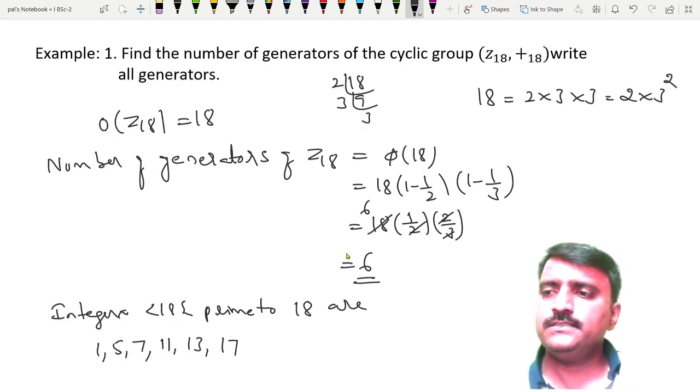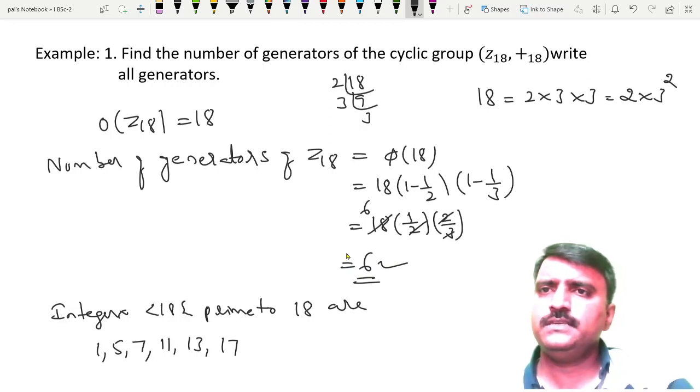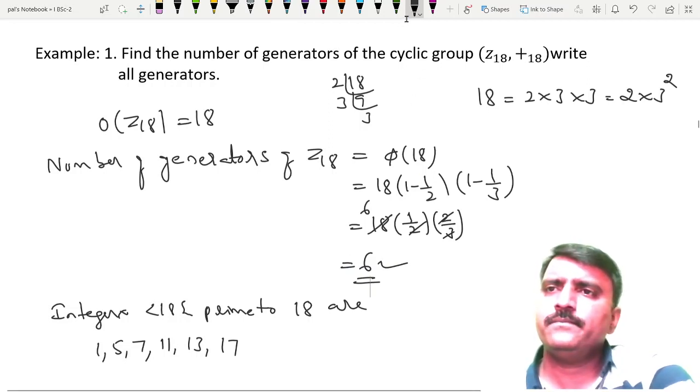Okay, how many numbers? 3 plus 3, 6. So there are 6 only. It has 6 generators, and they are 1, 5, 7, 11, 13 and 17.